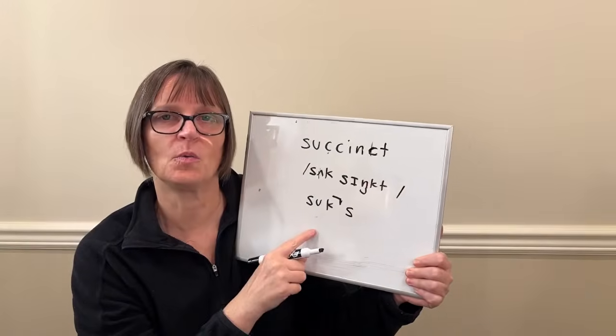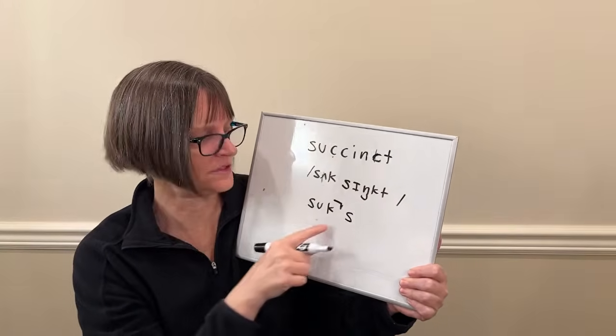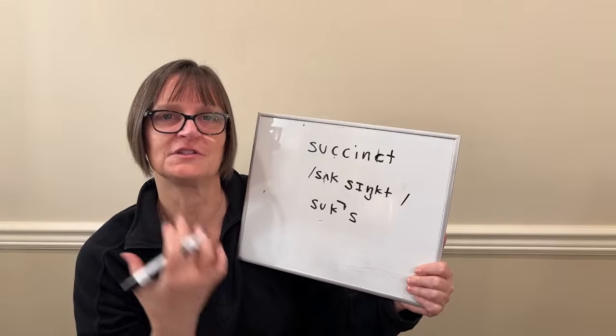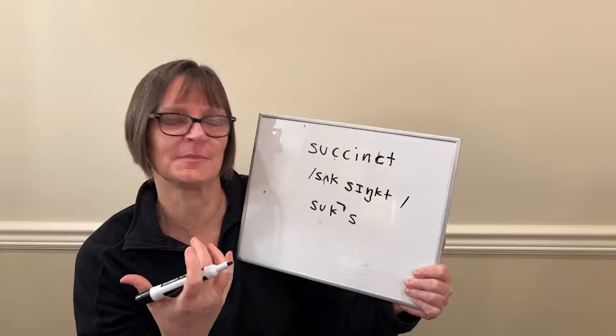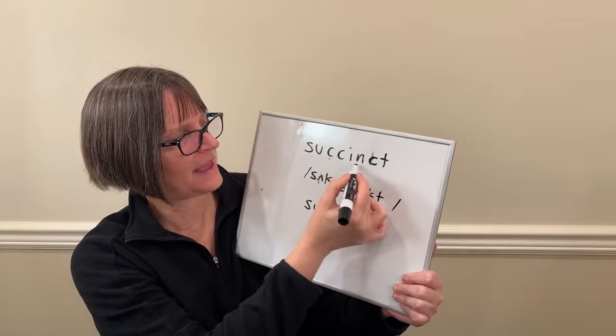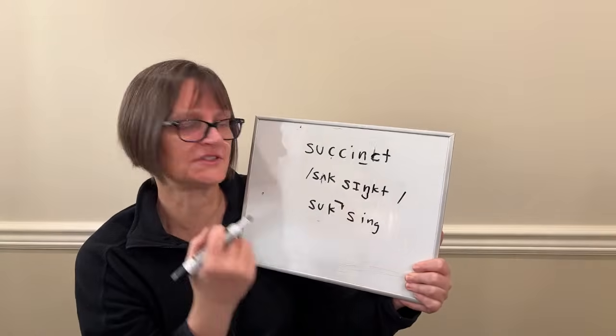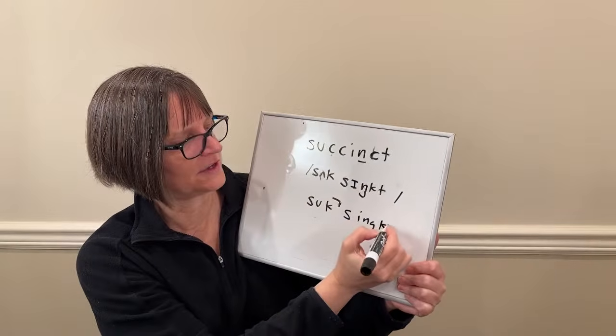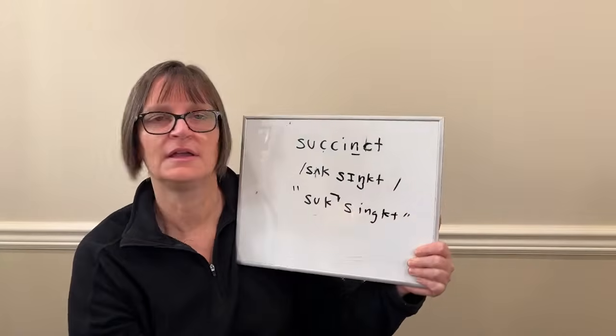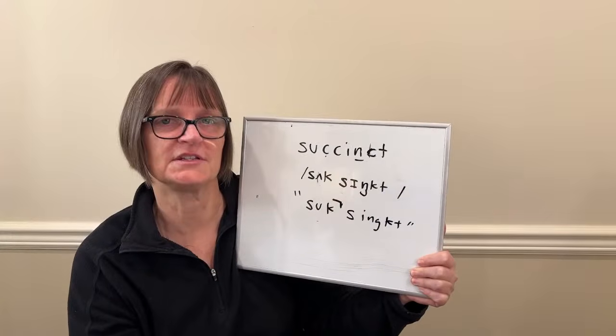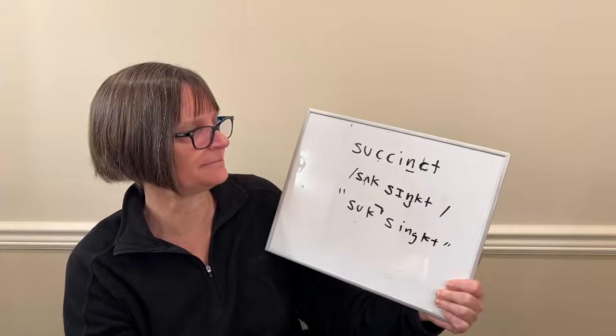So when we have a stop consonant like this followed by another consonant, we typically don't release them. And then the N says the NG sound. So think of the word sing, succinct, and then we have a K and a T. So he needs to be more succinct in his emails.